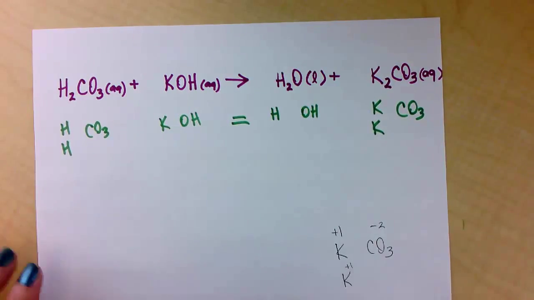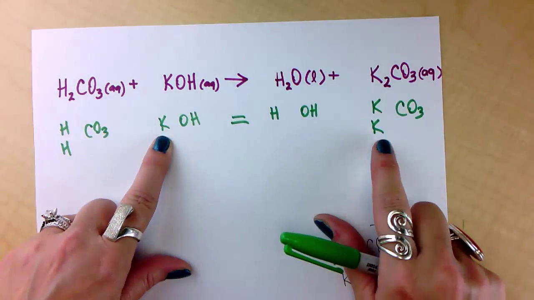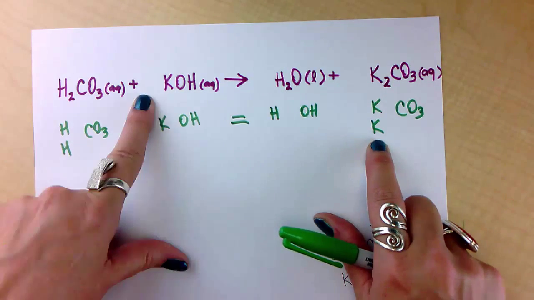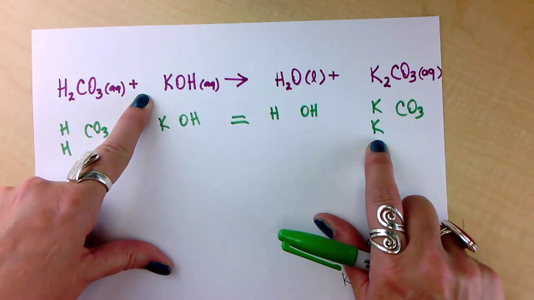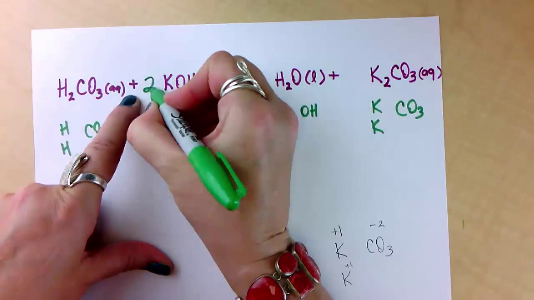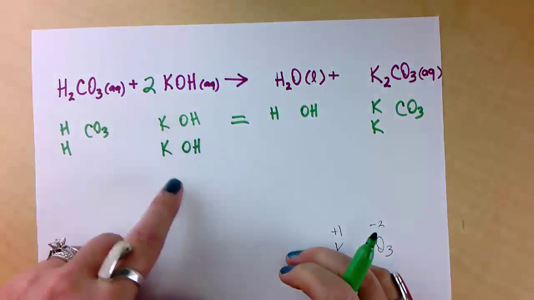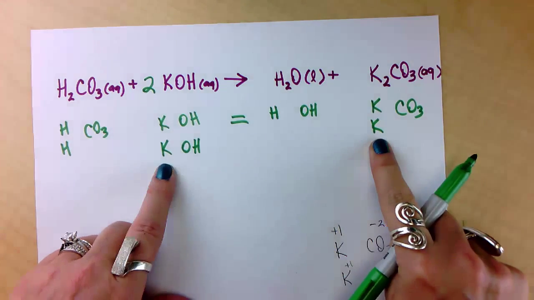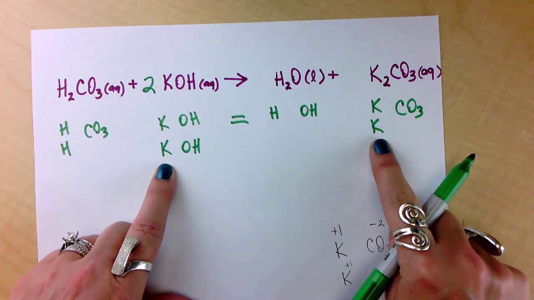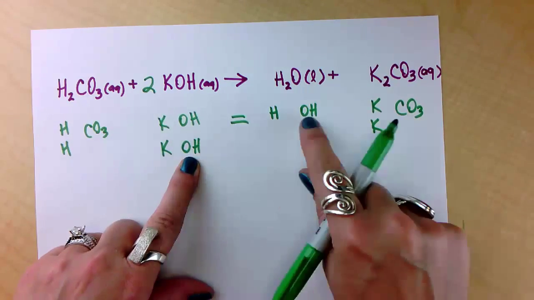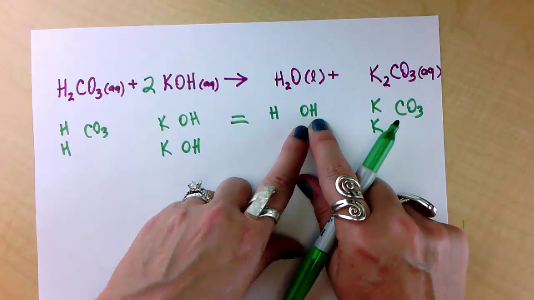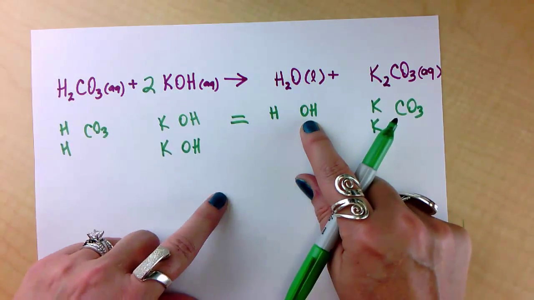All right, let's look. I have one K, here I have two. So what can I put in front of KOH? You are correct if you said a 2. This gives me a second K and OH. Two Ks are now on both sides. It gave me two OHs. Here I just have one. So what can I put in front of water?